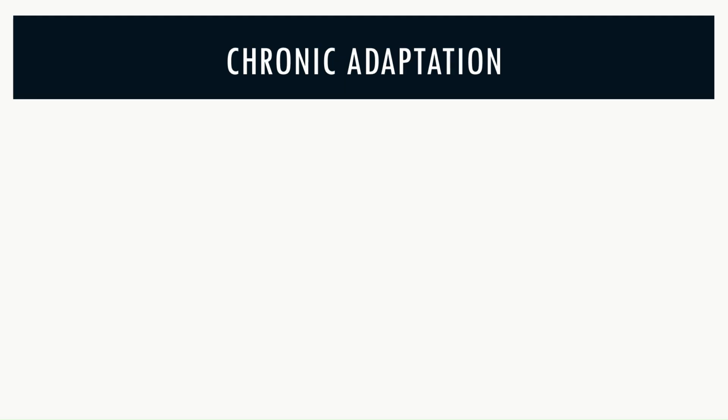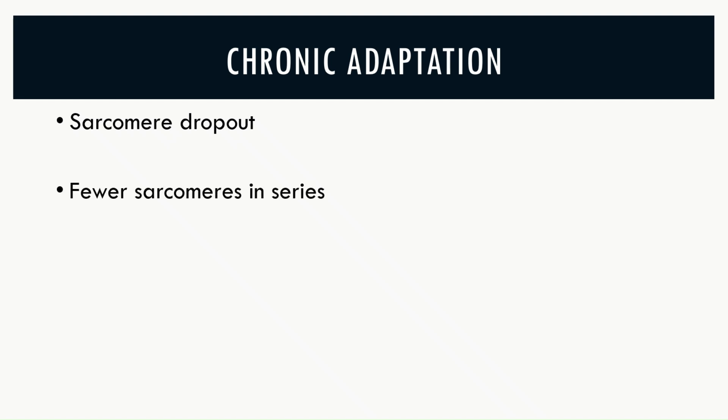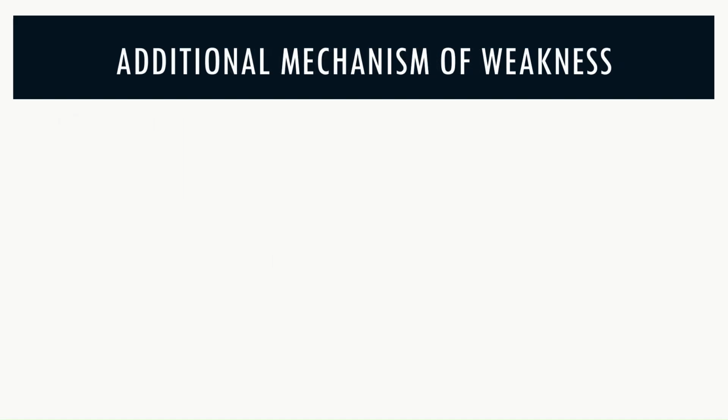Chronic adaptation. With chronic hyperinflation, the diaphragm adapts by reducing the number of sarcomeres in series. This partially restores force generation despite persistent shortening. Additional mechanism for weakness.